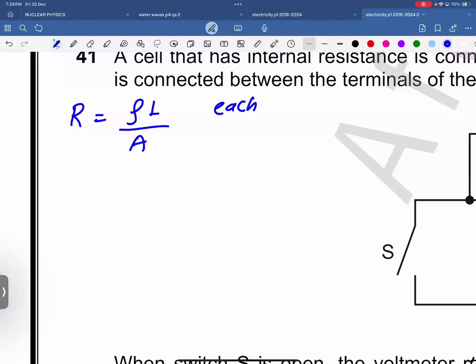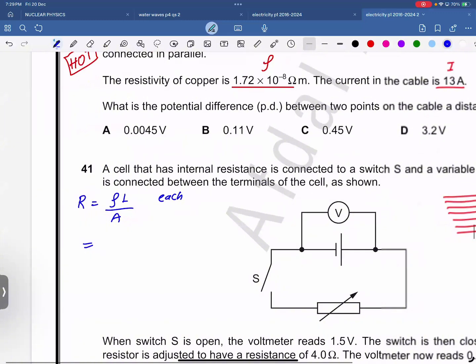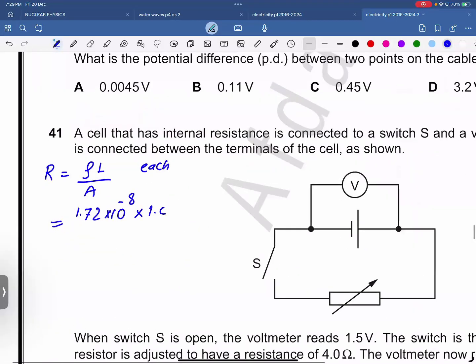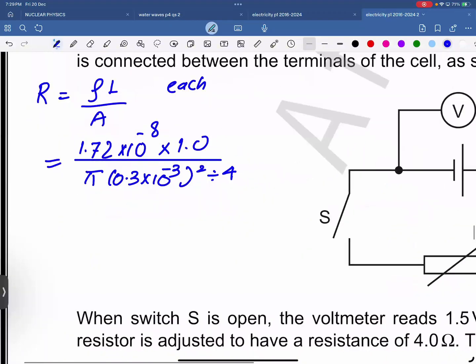For each wire, resistivity is 1.72 times 10 power negative 8. L, how much? 1. Over area of cross section, which is pi d square over 4. Each cable diameter is 0.3 milli, squared. This is the resistance of each wire.